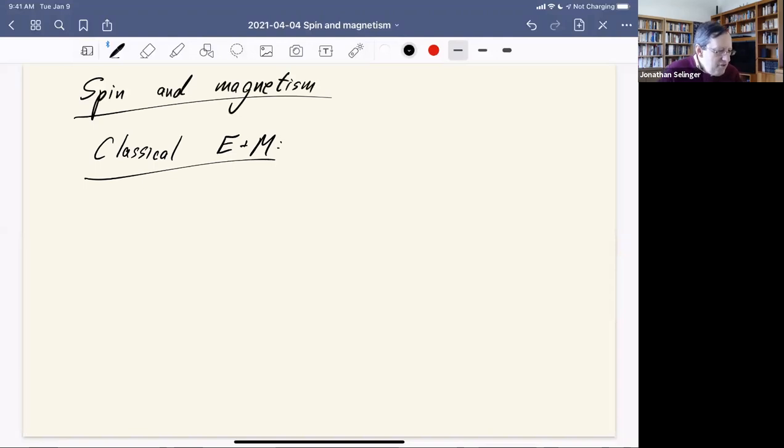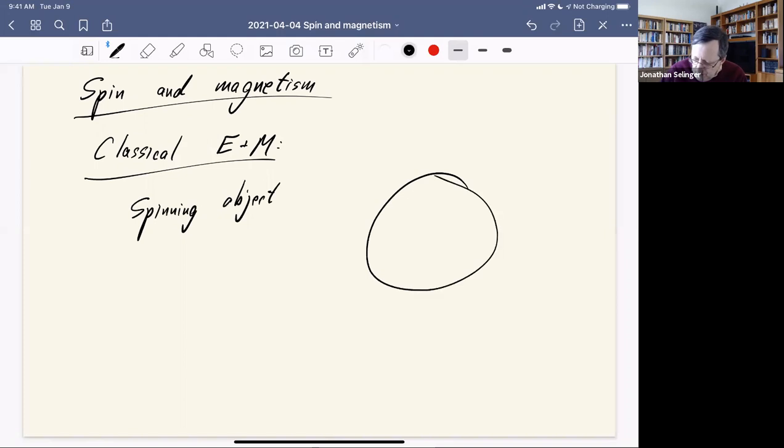Suppose you have a spinning object like a baseball. So here is a baseball and it's spinning about an axis like this.